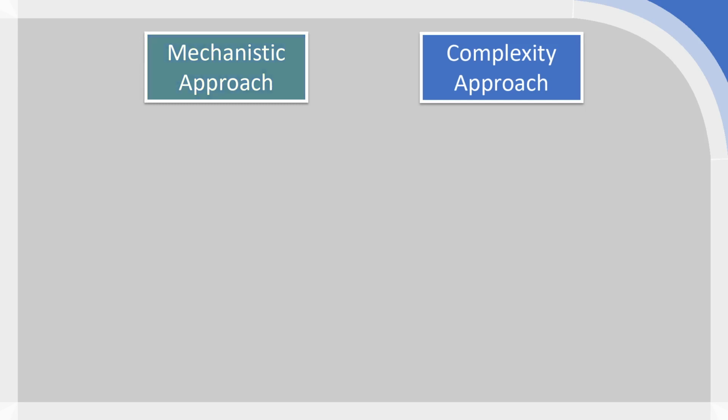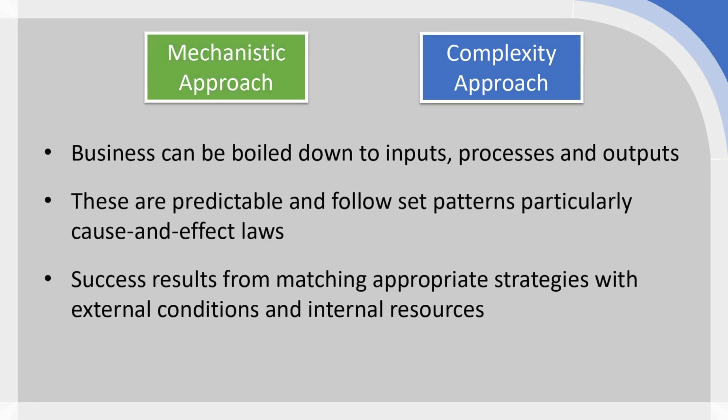When it comes to the mechanistic approach, this is the idea that business and how businesses work can really be boiled down to three things: your inputs, your processes, and your outputs. So essentially we have cause and effect. So if an organization takes its inputs, understands its environment, carries out particular processes, it produces predictable and set outputs.